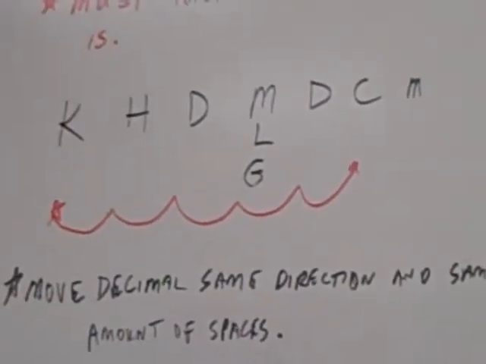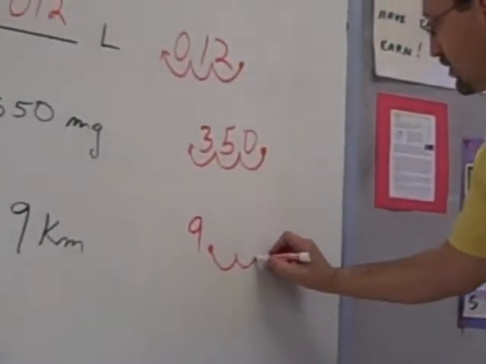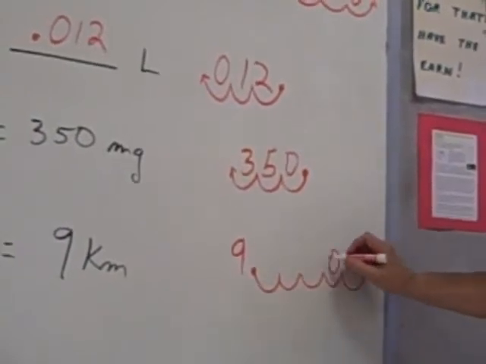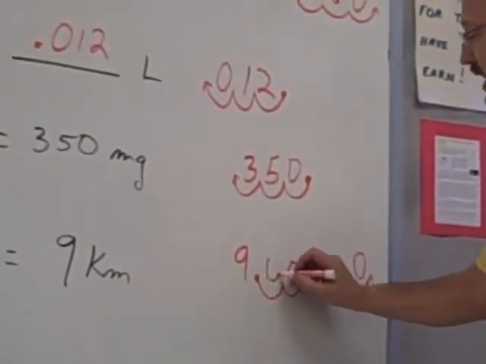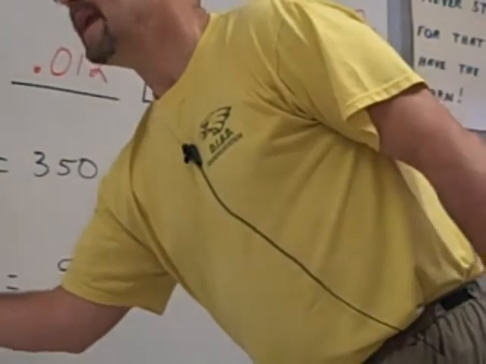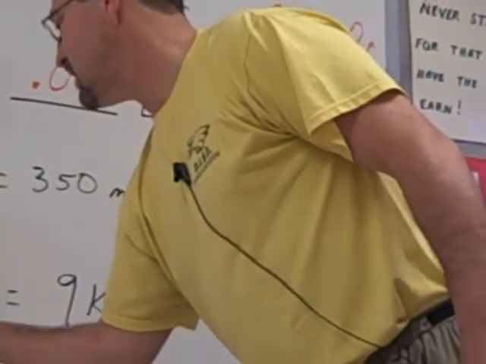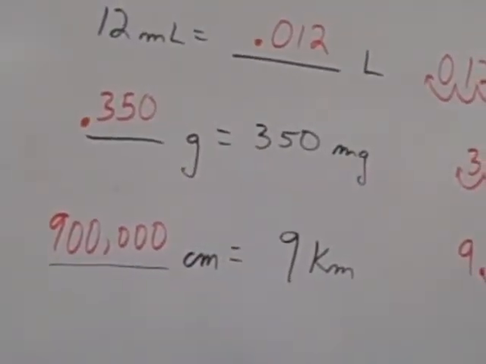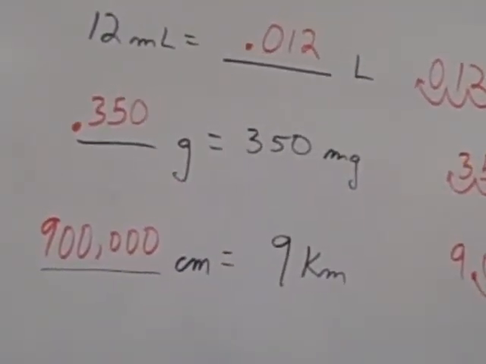Which direction, y'all? Empty, empty, empty, empty, empty. Answer? 900,000 centimeters. Big number.